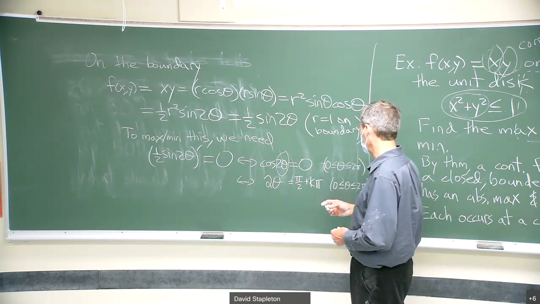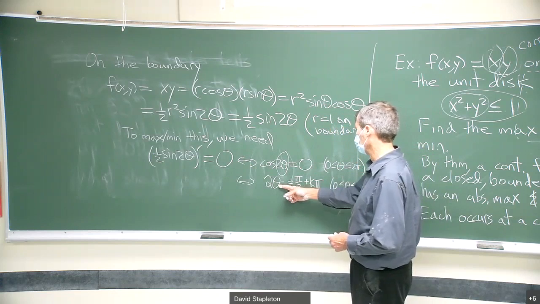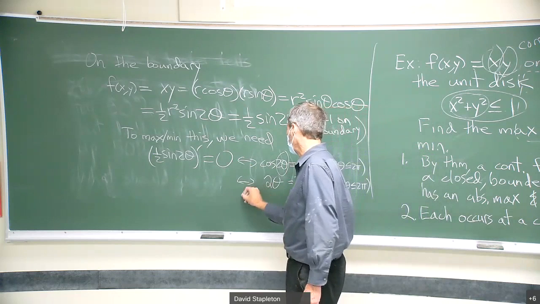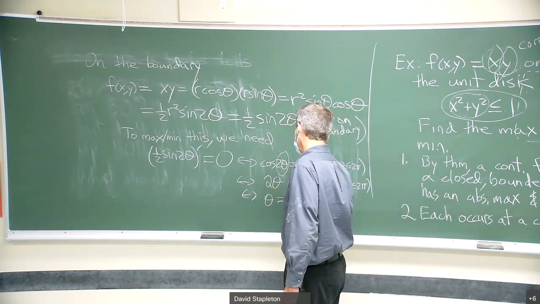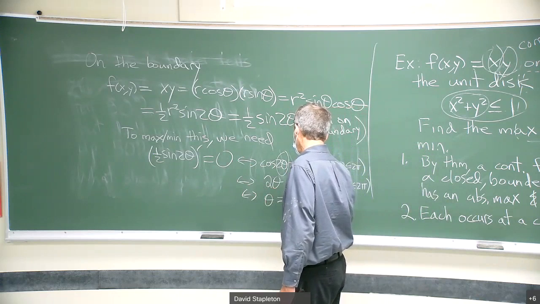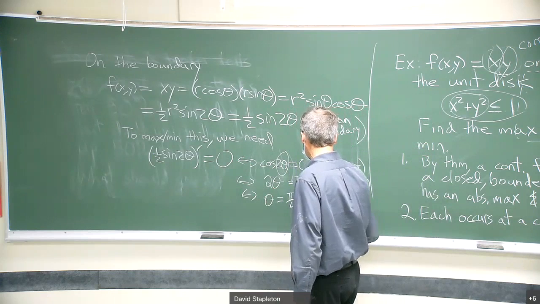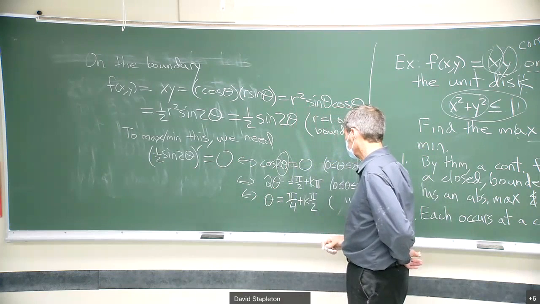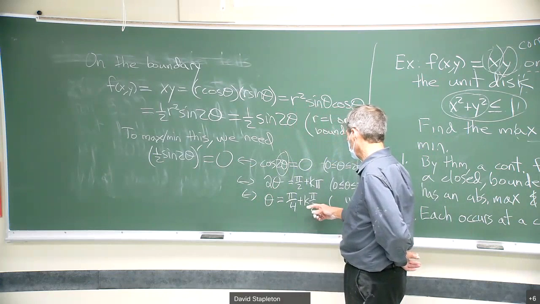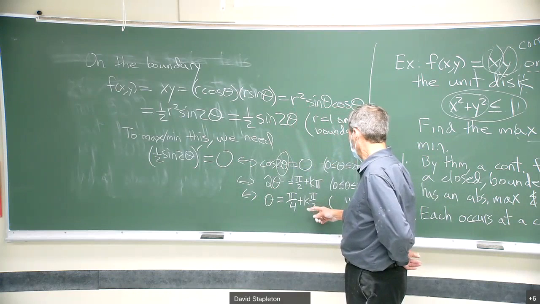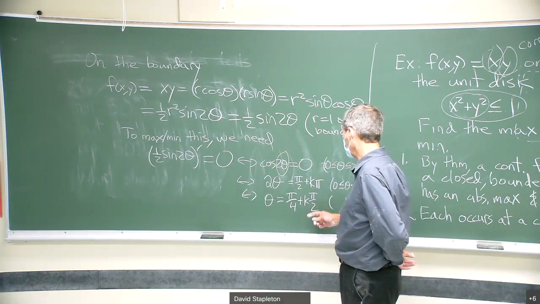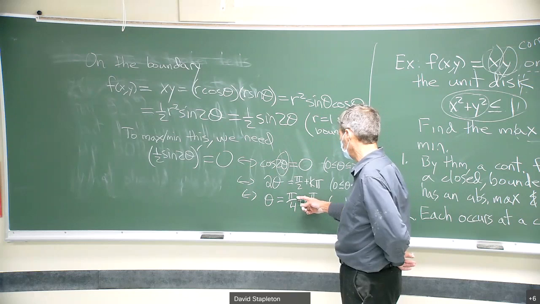So this is theta equals pi over 4 plus k times pi over 2, restricted to theta between 0 and 2 pi. And so if you put k equals 0, then you've got pi over 4.